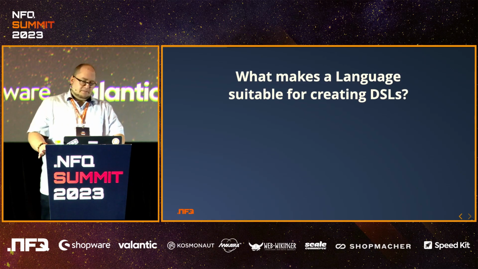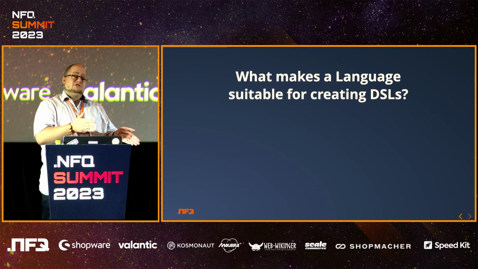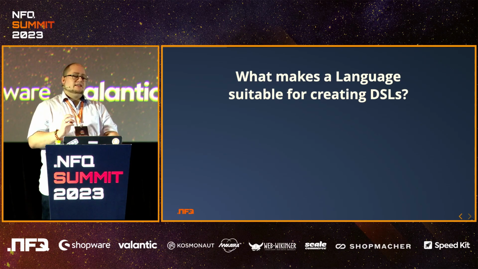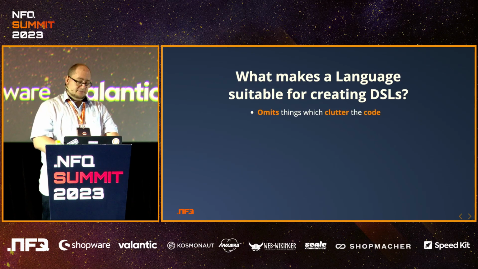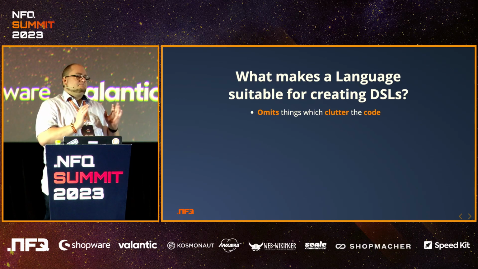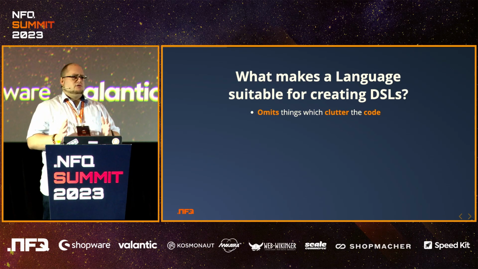So I will show you the internal DSL you could create with Kotlin. But what makes Kotlin a good language to do it? You want to omit as much clutter from your code as possible.